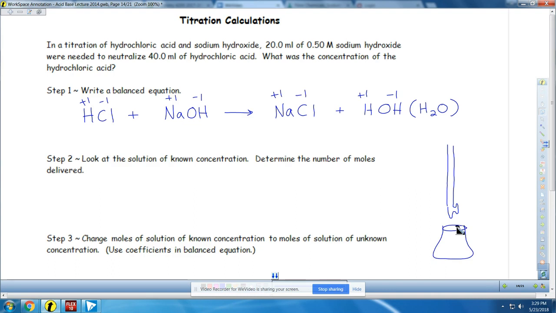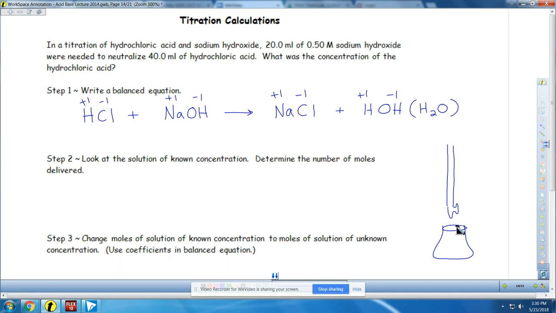All right, so the solution of known concentration will always go in the burette. There has to be one of the two original solutions that you know the molarity of. In this case, it says 20 milliliters of 0.5 molar sodium hydroxide are needed to neutralize 40 milliliters of the hydrochloric acid.